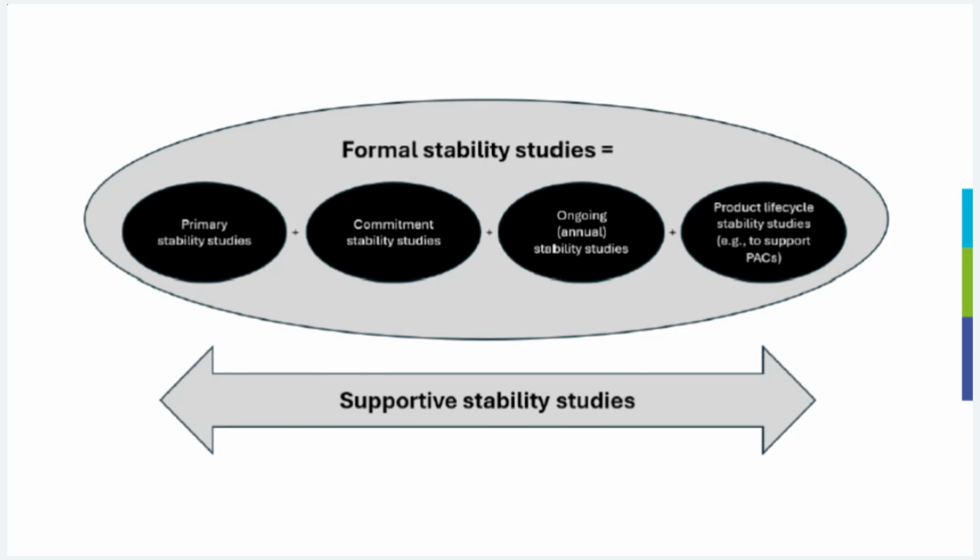If you aren't able to meet all the requirements for stability prior to submission, then sometimes we commit to maybe putting the first production batch up on stability to capture the full scale production batch, or some other commitment that maybe you need to make to them. Then there's ongoing or annual stability studies. These are just a study that you do. It's just long-term. You don't have to do accelerated. And then product life cycle stability studies, like supporting packaging changes or formulation changes.